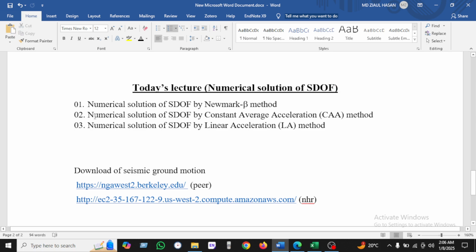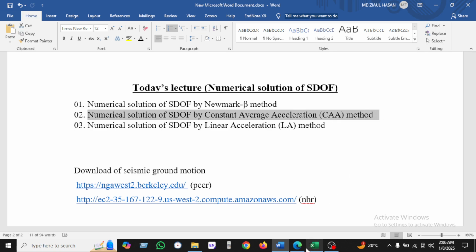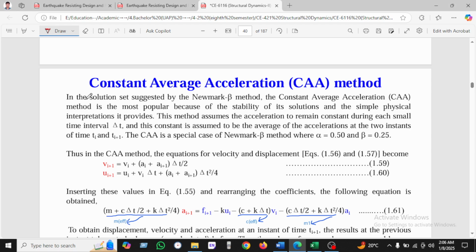Now we'll see the numerical solution of a single degree of freedom by the constant average acceleration method, which is CAA. This is the solution suggested within the Newmark-Beta method, and it is the most popular because of the suitability of the solution and its simple physical interpretation.